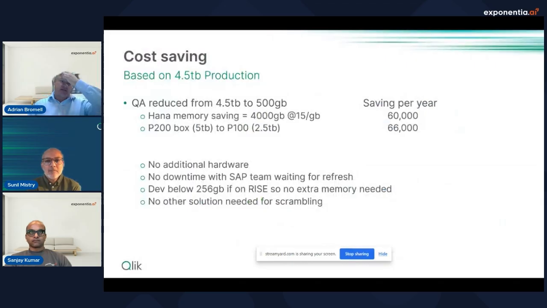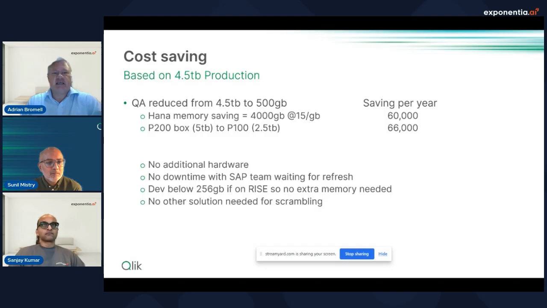So the cost saving for them is being able to reduce. I've taken the example that we started off with at the start, where our 4.5 terabyte example, their QA system is now just 500 gigabytes. That's conservative. You can be more aggressive and make it smaller. But as you can see here, we have the HANA saving costs of 60,000 a year, a smaller box that you're going to put it on, and you've got no other additional hardware requirements.